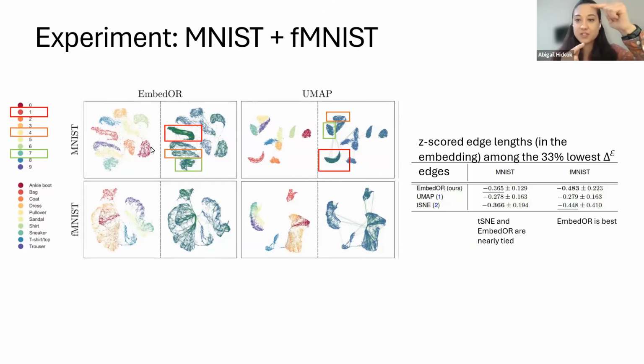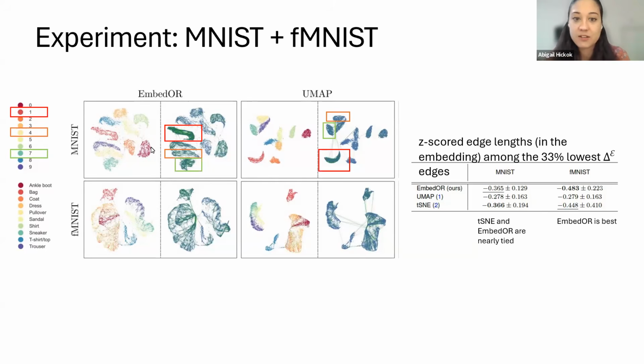So these are the edges that should connect points that are nearby in the manifold. And on UMAP, what you can see is that there are a lot of pretty long edges in this visualization, especially between this orange cluster, which corresponds to handwritten digits 4, and down here corresponding to 1, and also between the 7s and the 1s. There are a lot of these long edges in this visualization, which indicates some fragmentation.